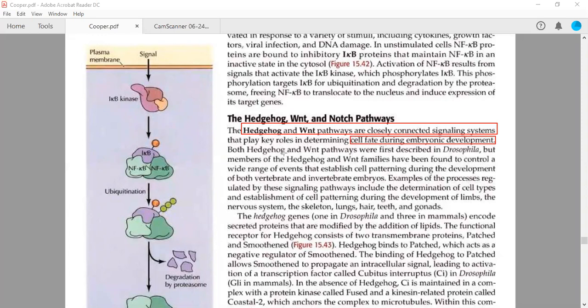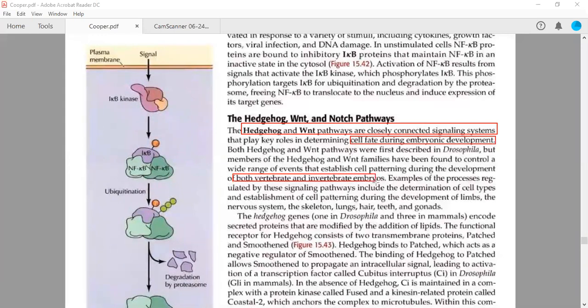Both the Hedgehog and Wnt pathways were first described in Drosophila, but members of these families are also reported in mammals, including humans, so both in vertebrate and invertebrate embryos.